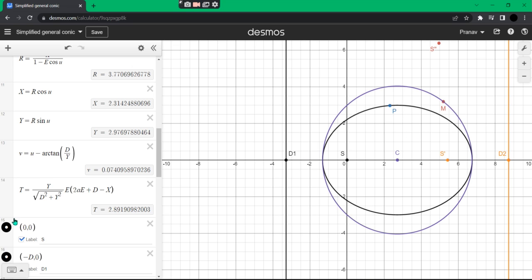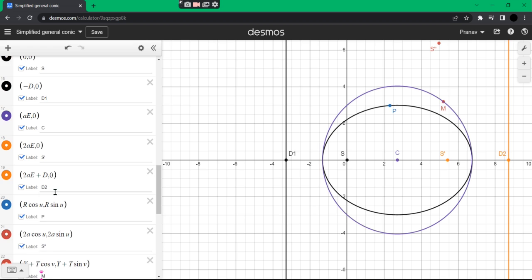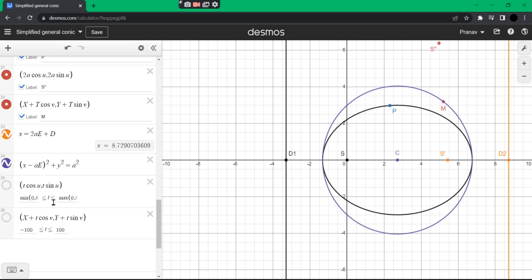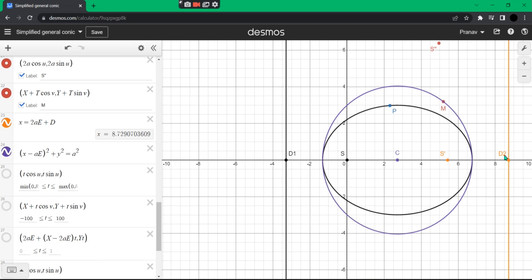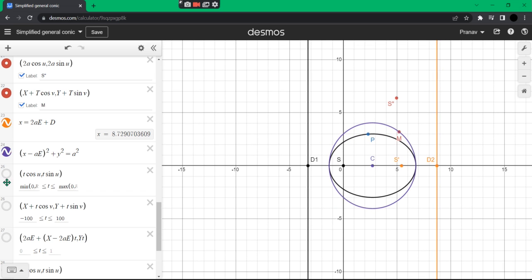Okay. And now what's this t thing? Before knowing what t is, maybe I should first show you some other graphs, because it's involved in here. This orange graph is for this directrix. Just zoom out. This thing, t cosine u comma t sine u, is just a parameterized line segment.